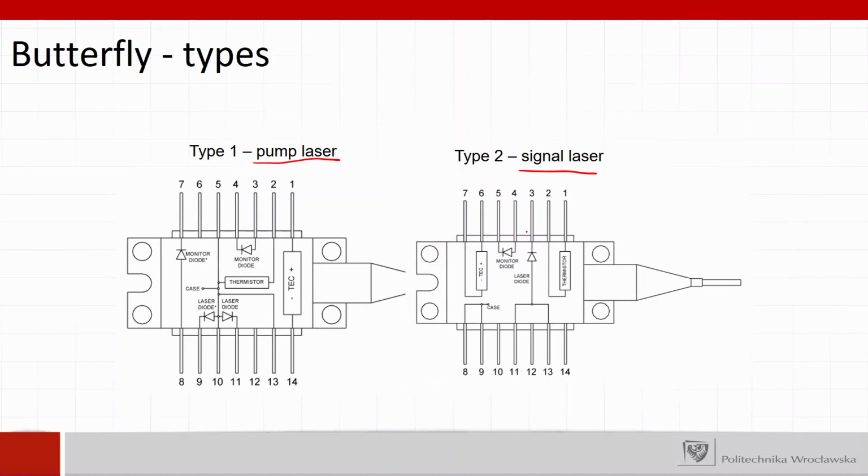And you can see that there is the laser diode. We have the thermistor to monitor the temperature. We have the thermoelectric cooler, and the monitor photodiode. And some of the pins are unused. So very recently, some of the manufacturers also developed a 10-pin butterfly, because here we have 4 pins that might not be used.